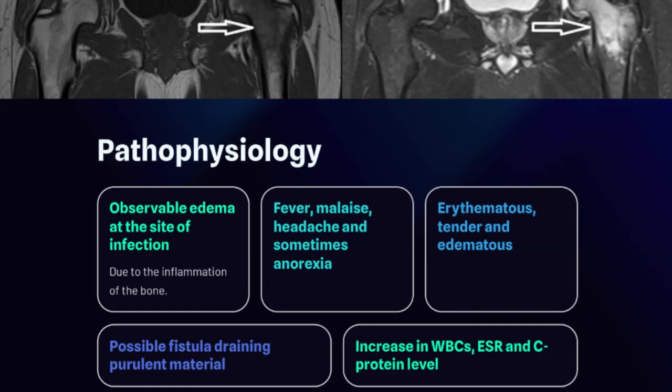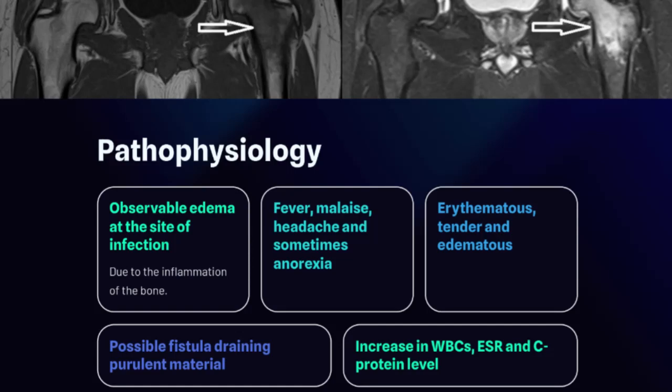In more severe cases, patients may develop fistulas draining purulent material, representing a culmination of the inflammatory process and tissue breakdown. Such clinical manifestations underscore the progressive nature of osteomyelitis and the potential for complications if left untreated.